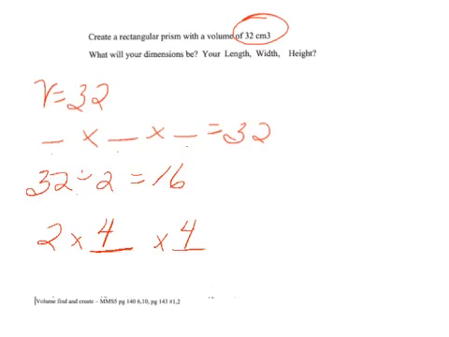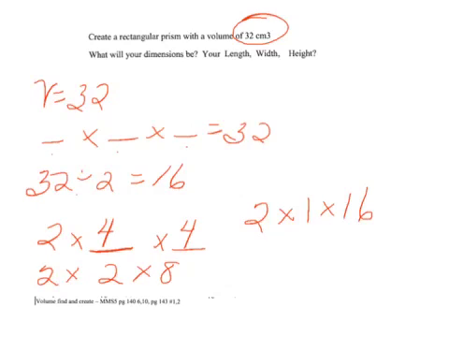What else could work? Well, I could have 2 still, and 2 more numbers that multiply to equal 16. I could have 2 times 8, that equals 16. I could also have still 2 times 1 times 16. I could have one row of 16 and 2 layers of that.